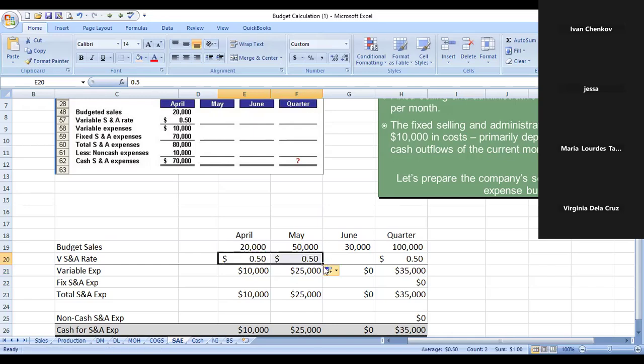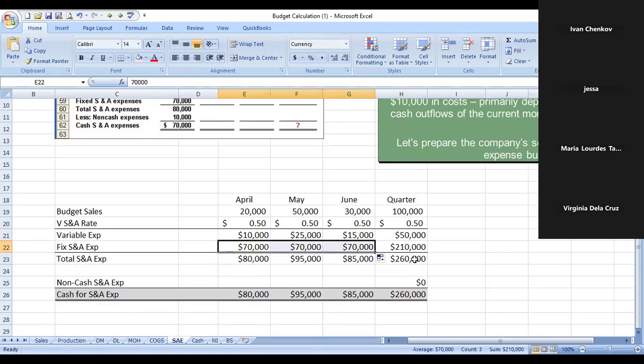In May it will be $25,000, and in June $15,000. In total, $50,000. Plus, we're going to have the fixed cost, which is $70,000 and is not going to change from month to month. In total, our sales administrative expenses will be a $260,000 expense.